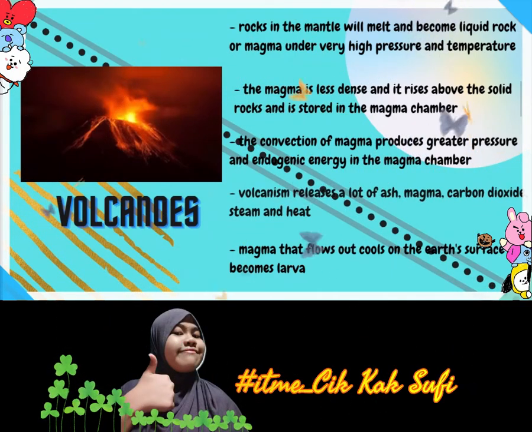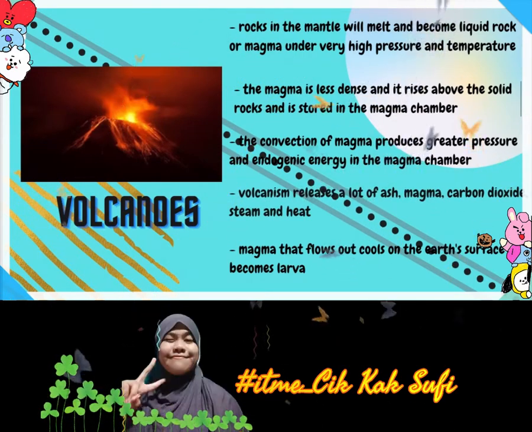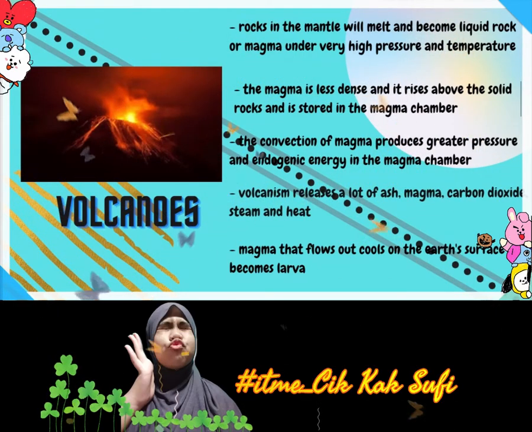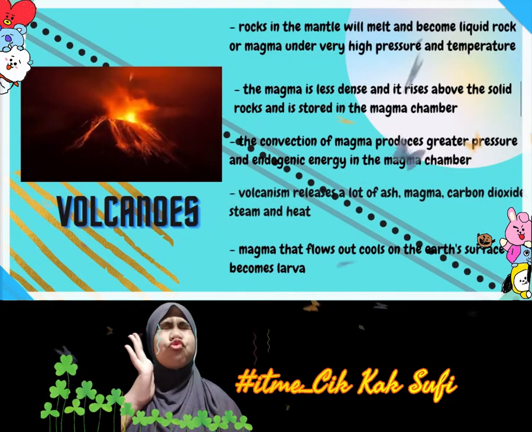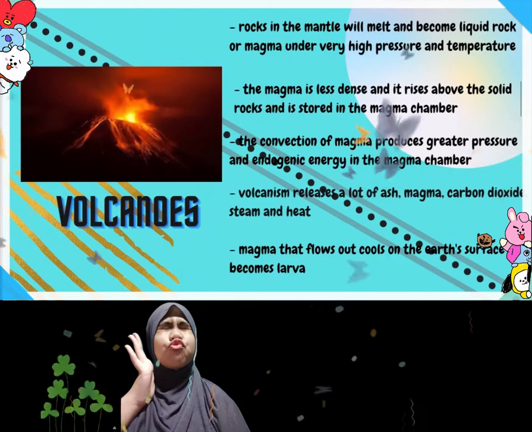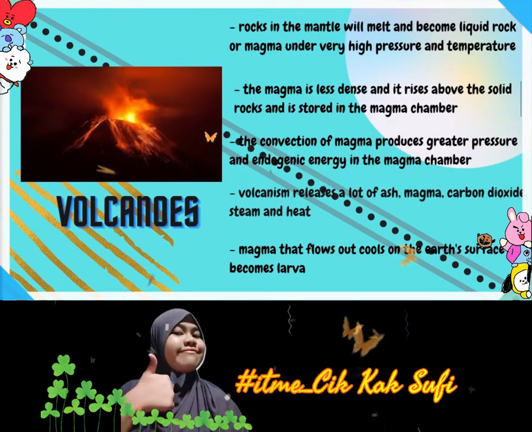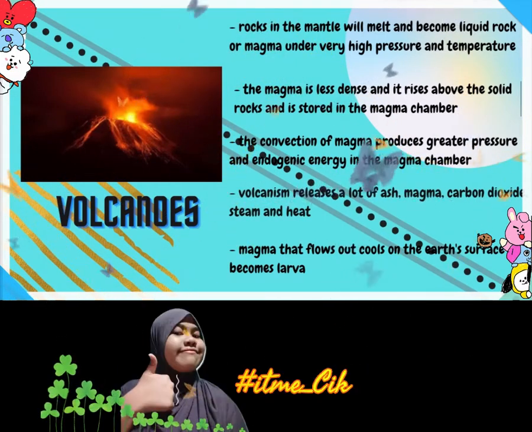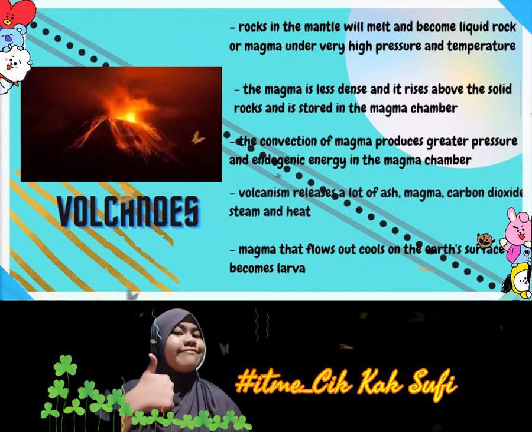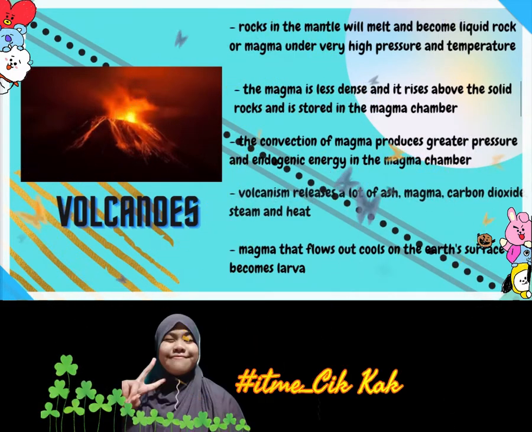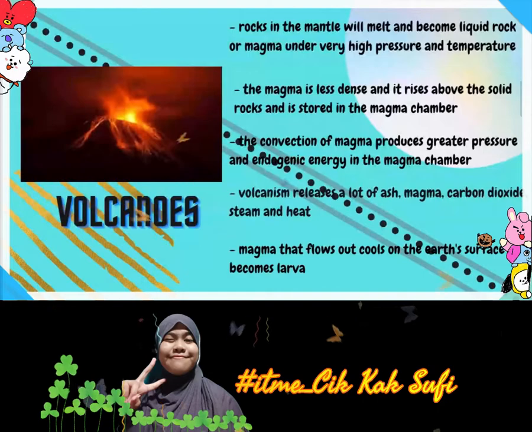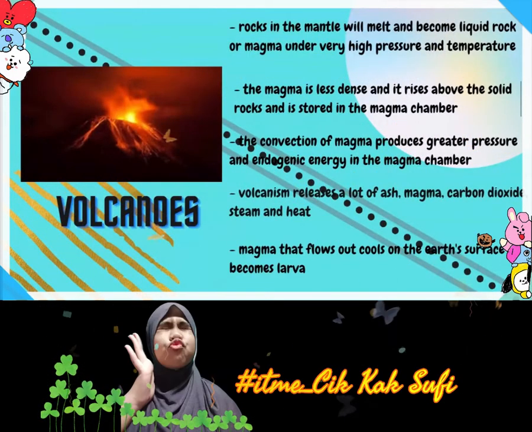So the convection of magma produces greater pressure and endogenic energy in the magma chamber. Volcanism releases a lot of ash, magma, carbon dioxide, steam and heat. So the magma that flew out cools on the Earth's surface and become a lava. So that's how volcano occurs.